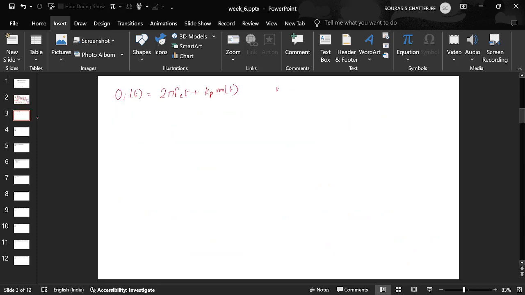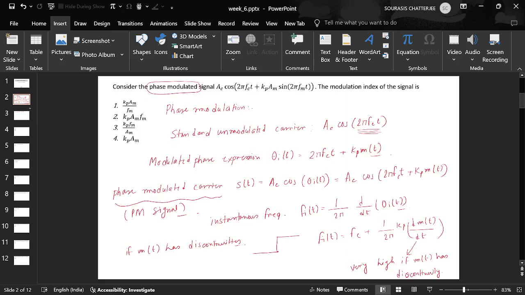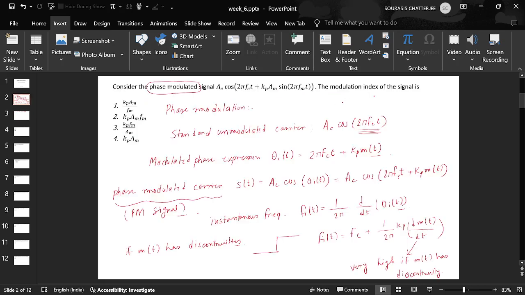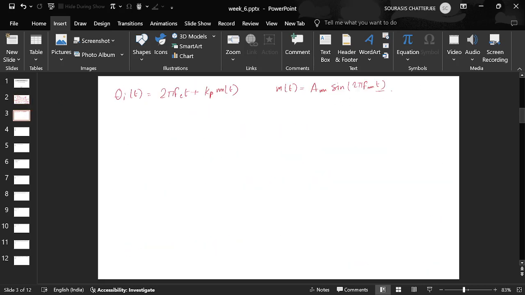Now you can see in our question it is already given that m(t) is also a sinusoid, given by Am sin 2 pi fm t. So you have to find basically the modulation index of the signal, right?